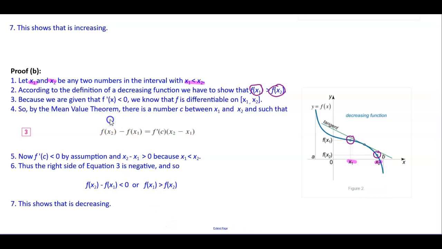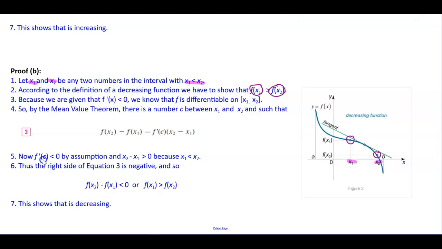Because we are given that f prime of x is less than 0, we know that f is differentiable on the interval between x1 and x2. So by the mean value theorem, there is a number c between x1 and x2 such that, equation 3, f of x2 minus f of x1 is equal to f prime of c times x2 minus x1.